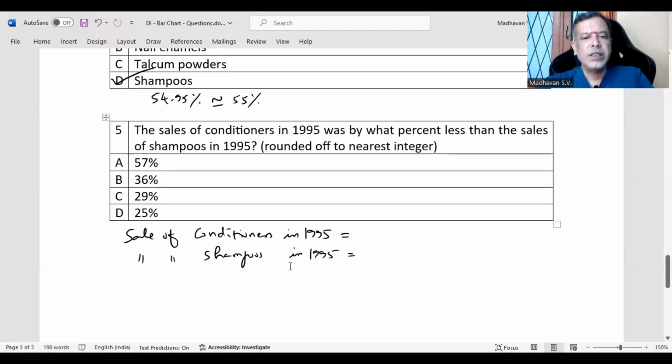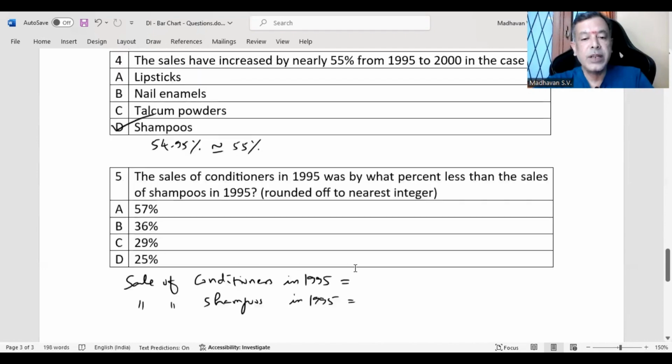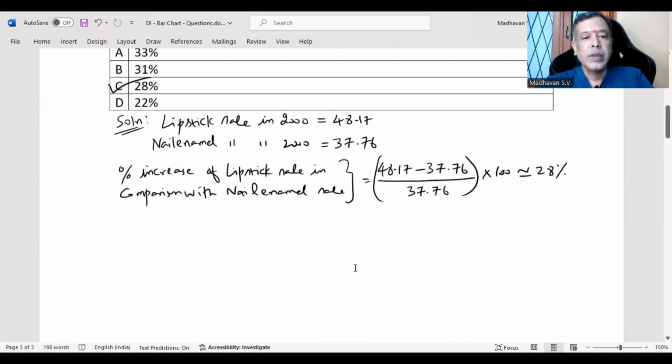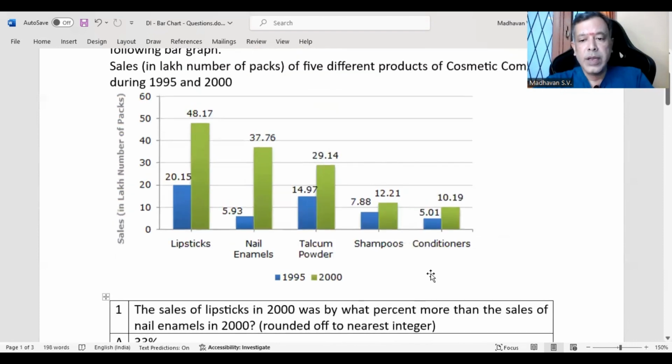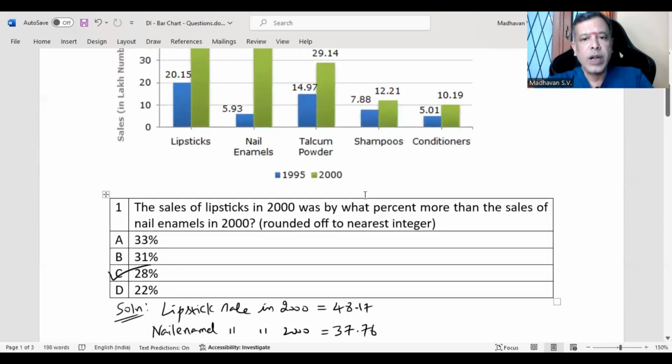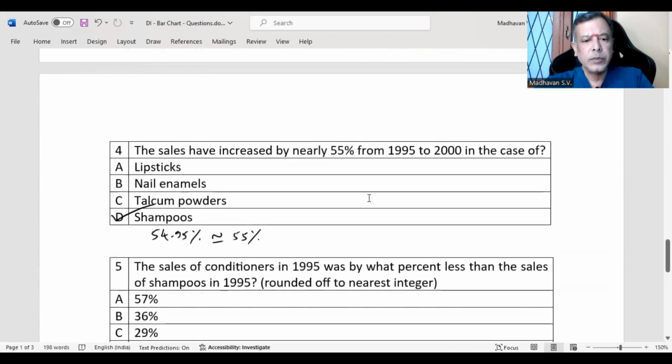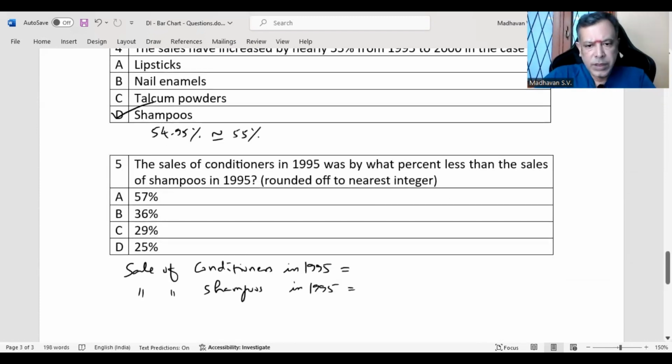Conditioner and shampoo, both are 1995. Conditioner, it is 5.01, and then shampoo, it is 7.88.